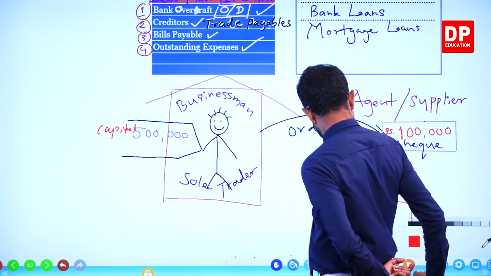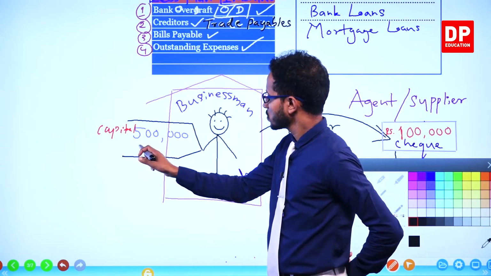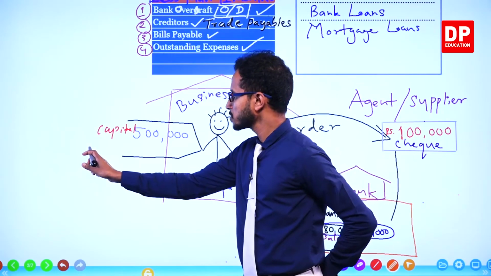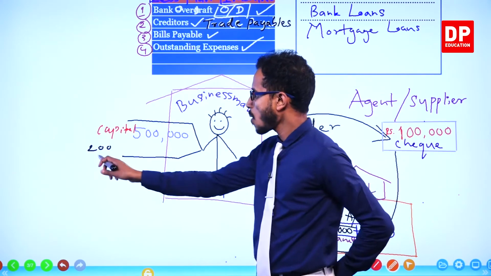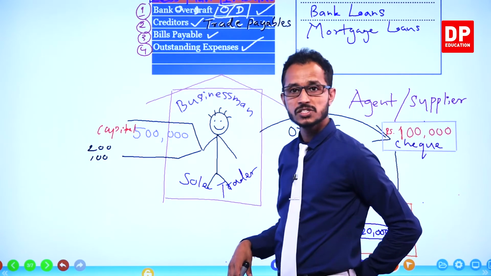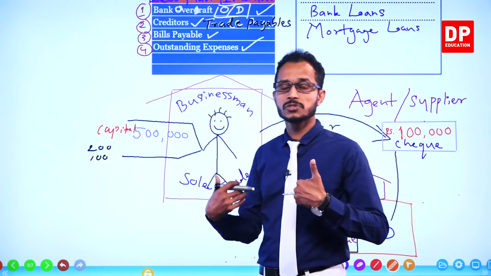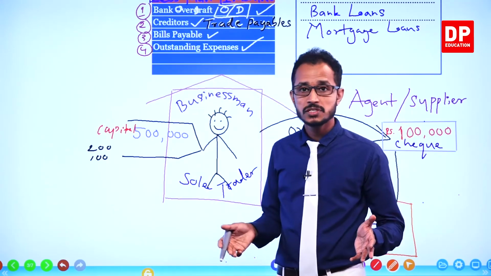Out of this 500,000, 200,000 is cash. 100,000 worth of equipment, my computers and my air conditioning machines for the showroom.